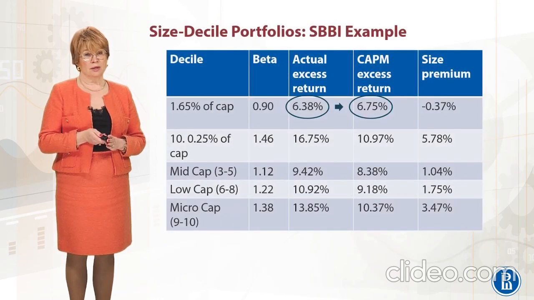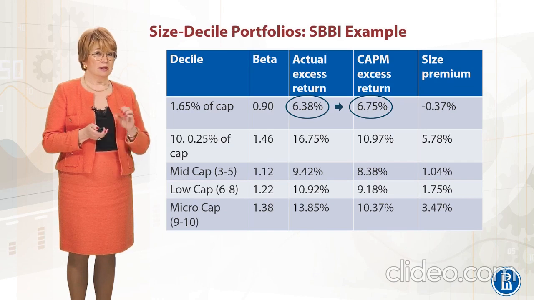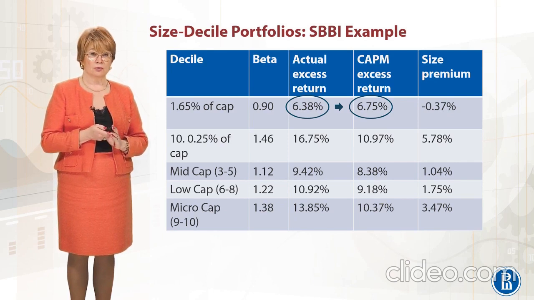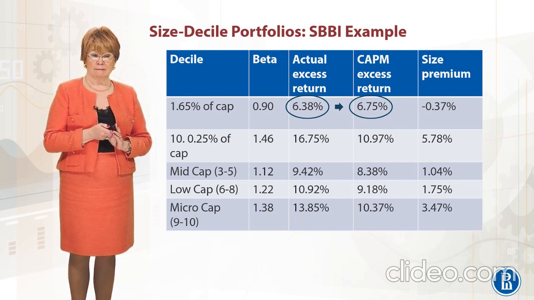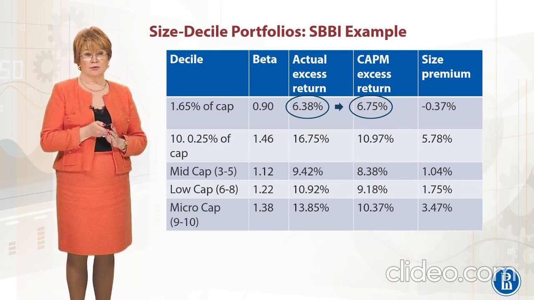We can illustrate that conclusion by this small table that is like an extract from this annual book of the Ibbotson Associates analytical agency. So you can see here in the first row the largest companies in their observations.